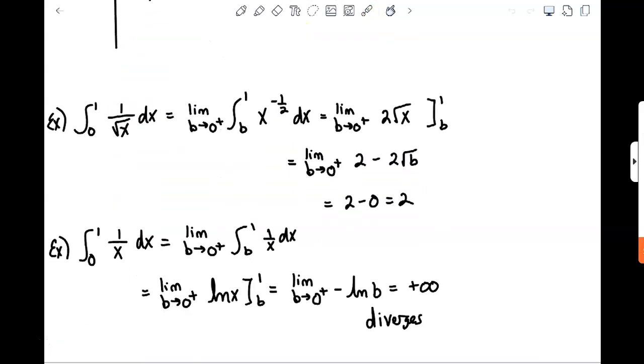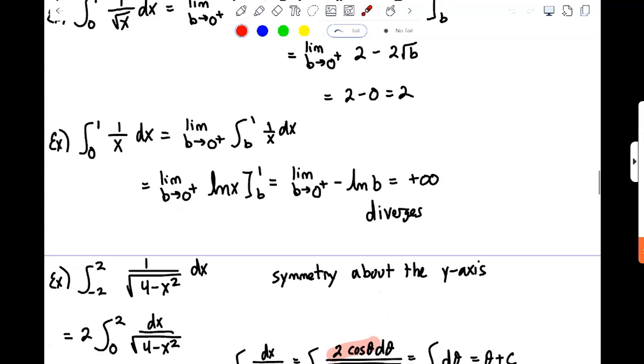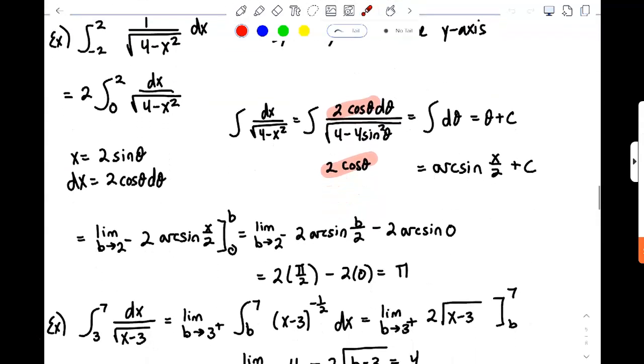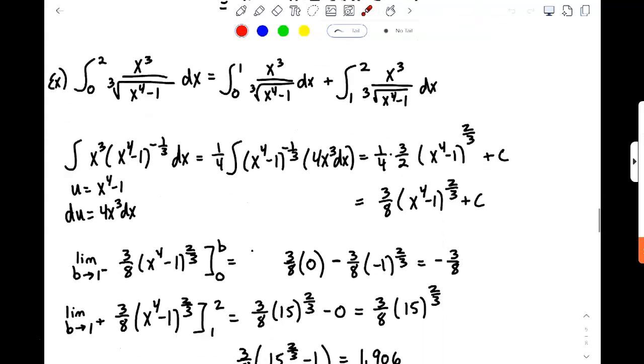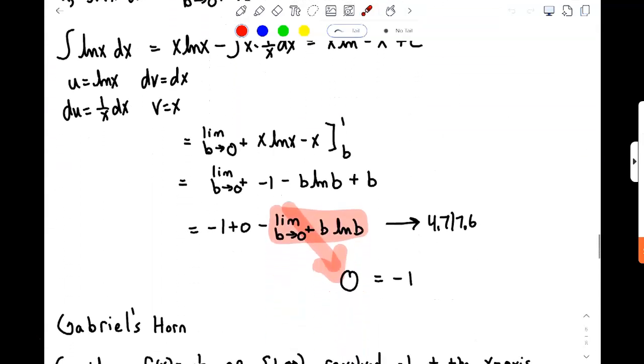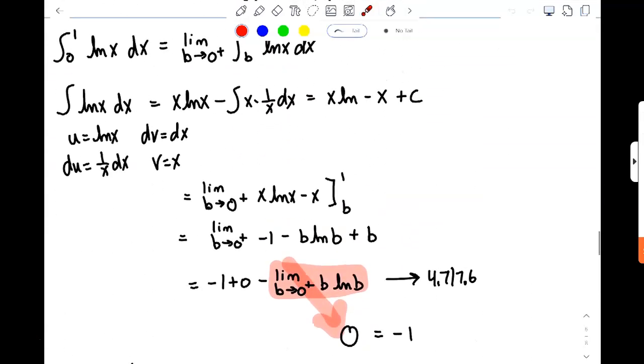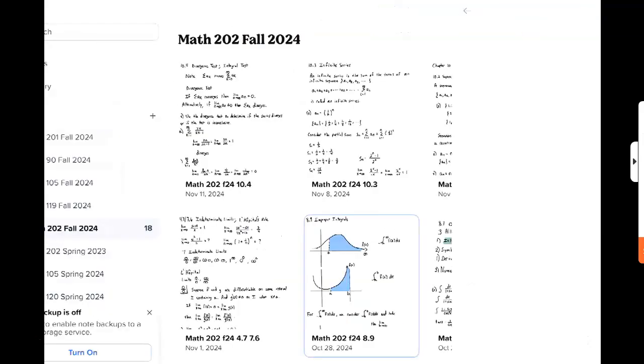On the other hand, when we looked at something like 1 over square root of x, that actually converged as we went to 0. 1 over x, unfortunately, still diverged. We went through some other examples, and again, you can look over those as well. So that's improper integrals.